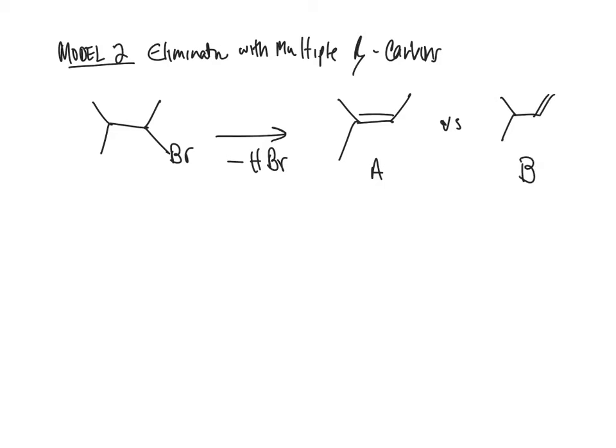Okay. Question 5. For the alkyl halides shown in model 2, label the alpha carbon and the two beta hydrogens.